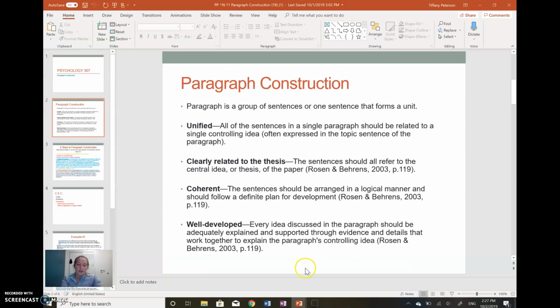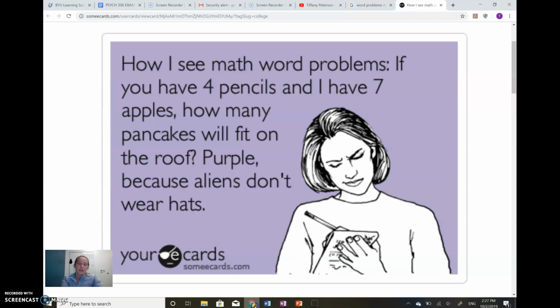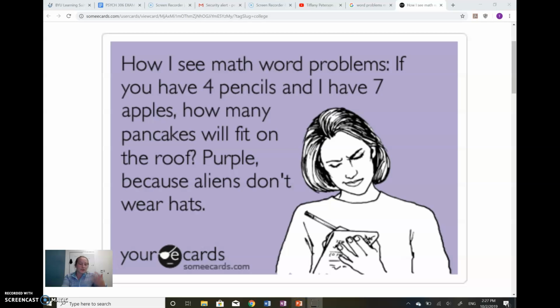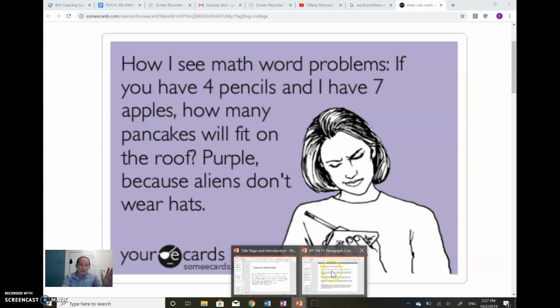You get used to what you've been learning, and then all of a sudden you get this: if you have 4 pencils and I have 7 apples, how many pancakes will fit on the roof? Purple, because aliens don't wear hats. Okay. Make sure that you're staying on one topic, that you're not going everywhere, and that it is coherent.